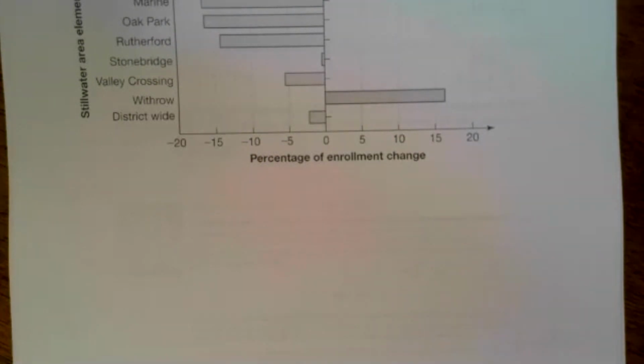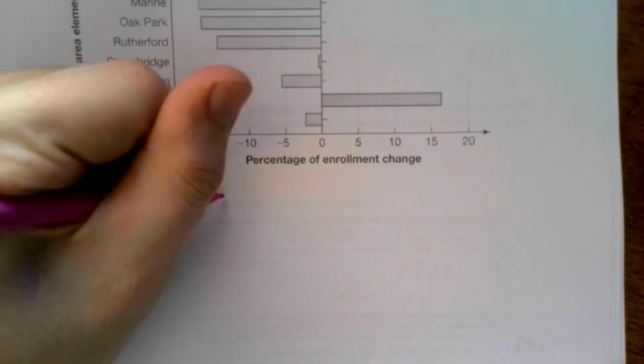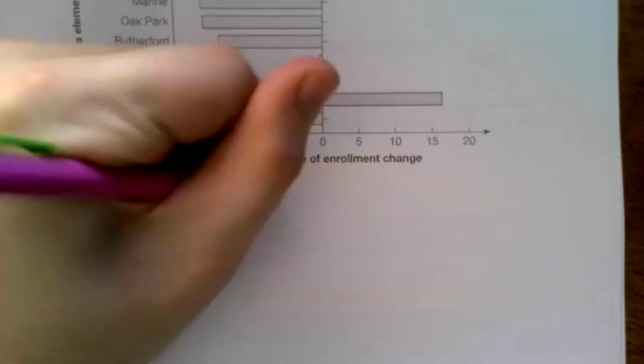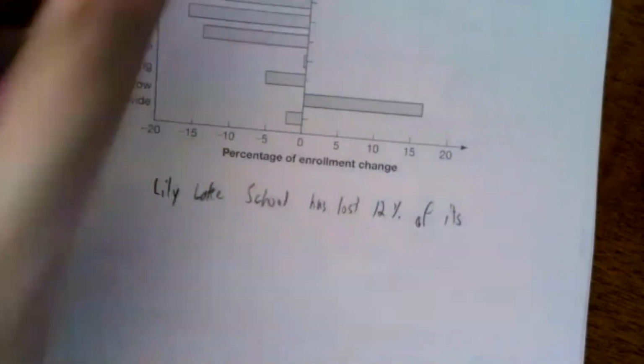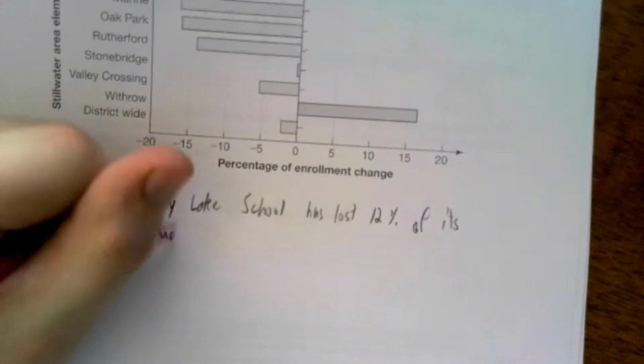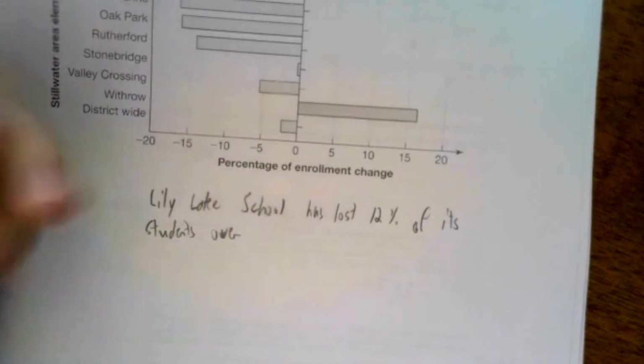Minus 12%. Yeah, I would tend to agree with that, right? So how I would write that in the sentence is that Lily Lake school has lost 12% of its students over the last 5 years.